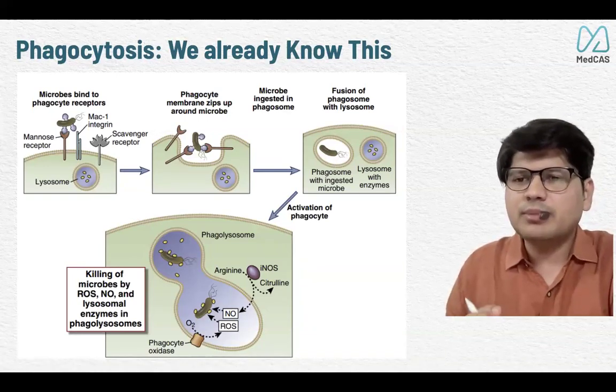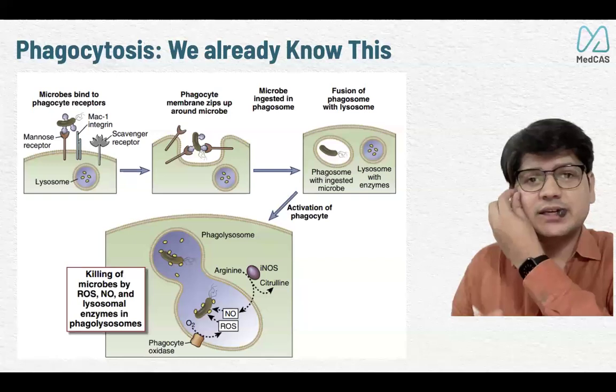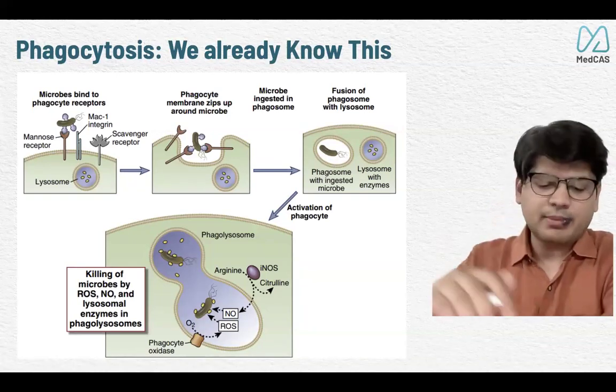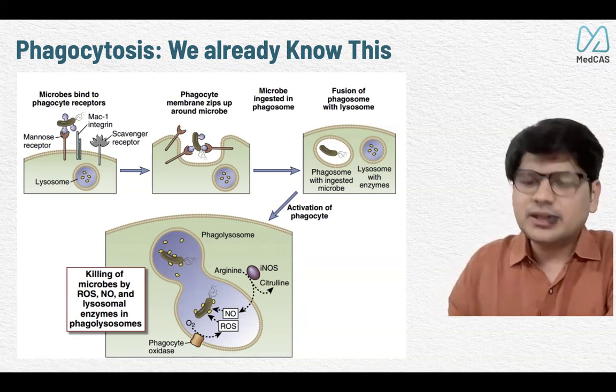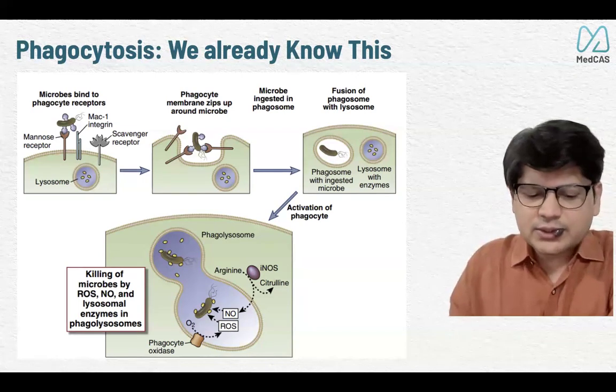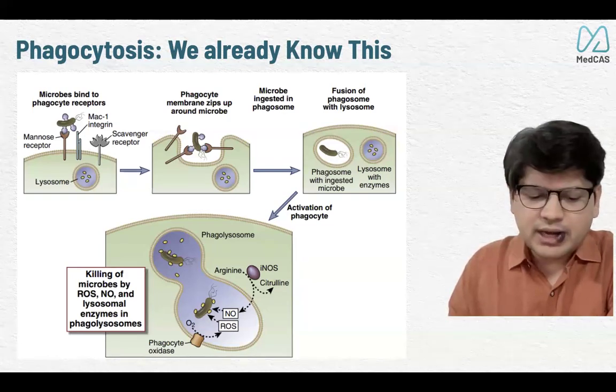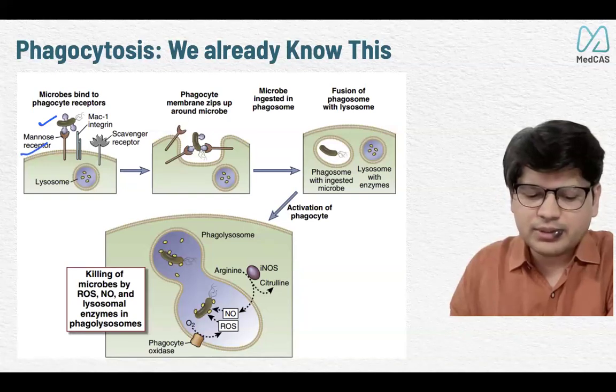Phagocytosis, I am not going into much detail. We have already discussed it in two classes, once with barrier immunity and once with the other part also. But as we know, for phagocytosis to happen, you have cells like neutrophil, macrophage, which identify the bacteria or the fungus, whatever it is, through its receptor, scavenger receptor or Mannose receptor.